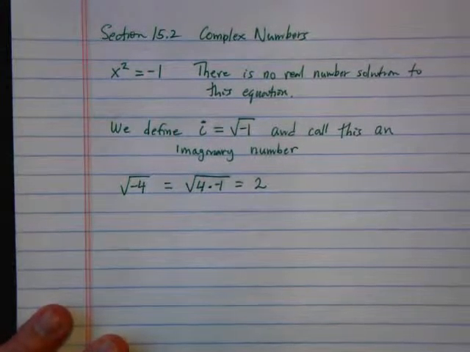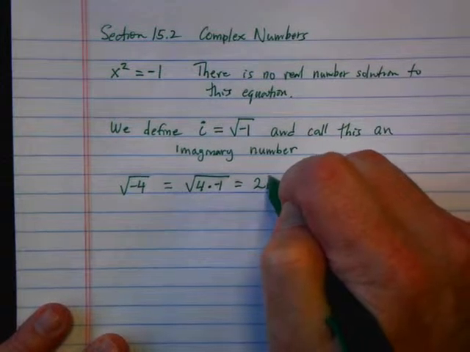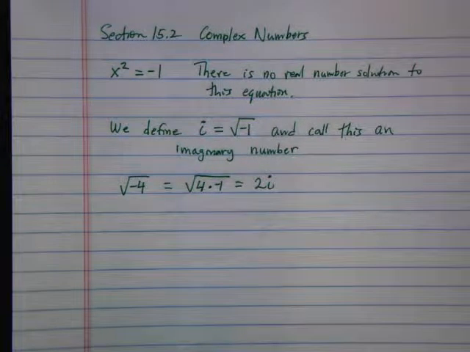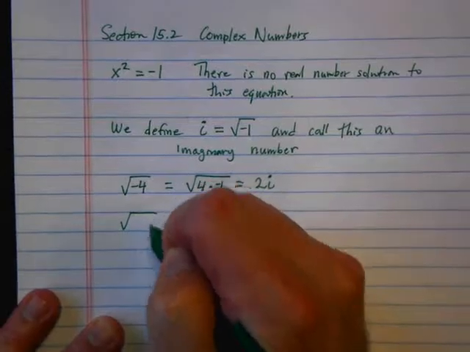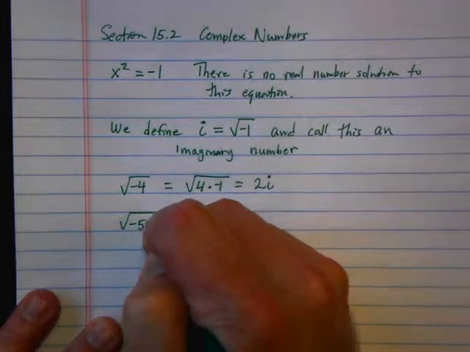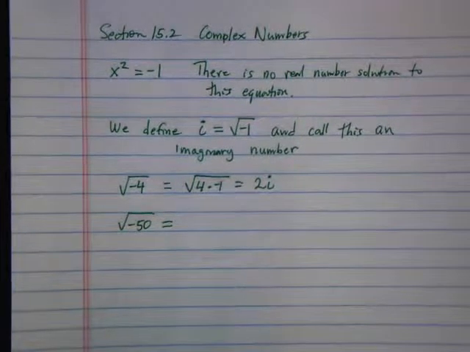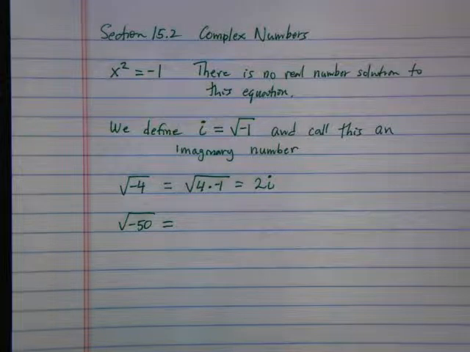And the square root of -1? i. So the square root of -4 is 2i. Questions on that? Okay. How about the square root of -50? What would you do to simplify the square root of -50?